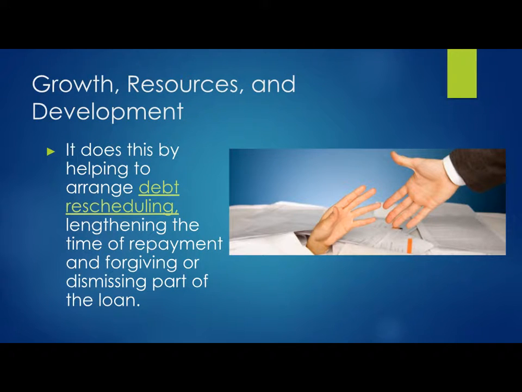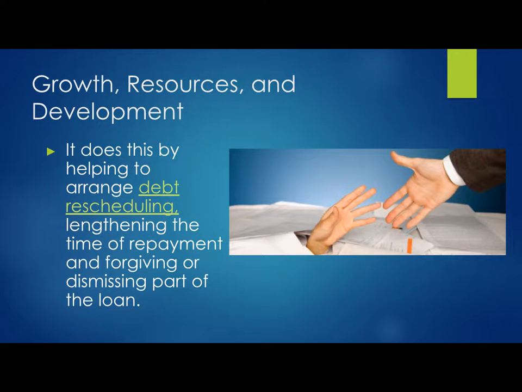Debt rescheduling is what this is called. Say I owe the United States a ton of money, I can't pay it all. The IMF will help me reschedule that debt. Instead of having to pay it off in 5 more years, I'll pay it off in 30 more years, a little bit at a time. That's rescheduling. A lot of people reschedule their debt here in the United States, either through what they call consolidation loans, where they pay off all their credit cards and they only have one payment, or they'll refinance their house if interest rates drop, or if they want to pull cash out for another investment opportunity.